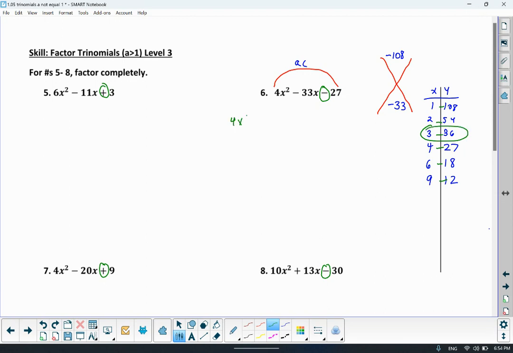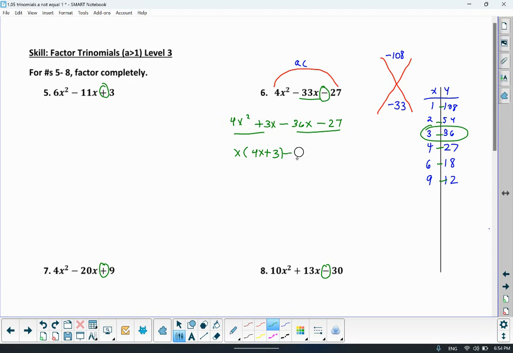So I rewrite the first term, and then I'm going to divide the negative 33x into positive 3x minus 36x minus 27. I combine like terms. I get x times 4. I factor out the GCF of x. Here I factor out the GCF of 3.